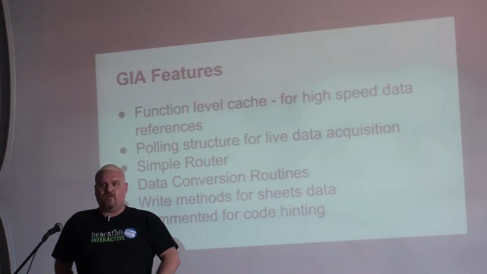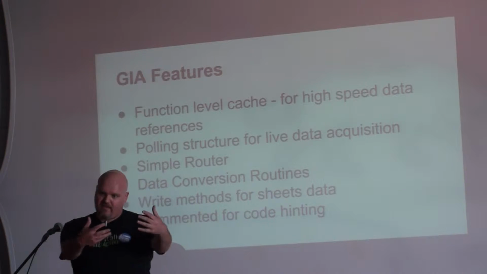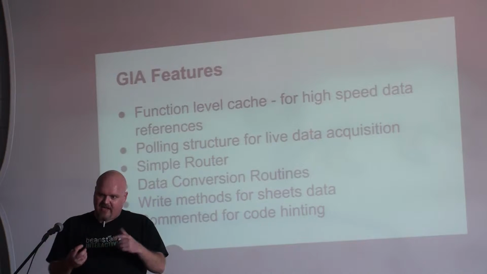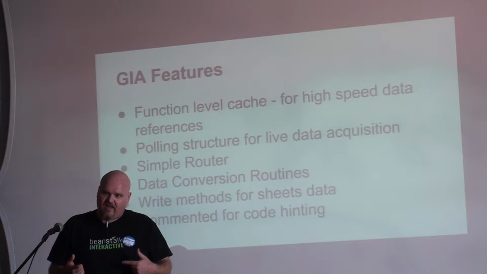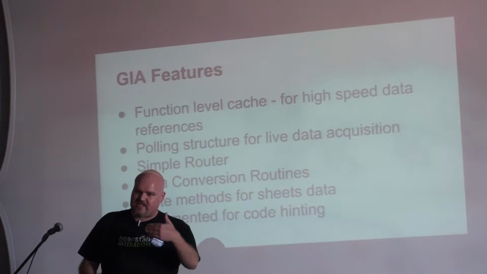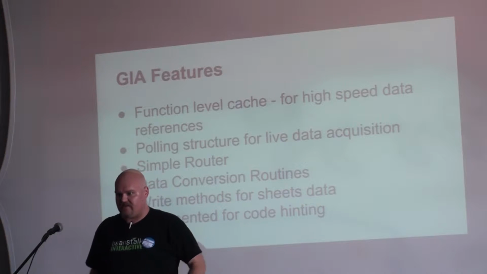So GF features a function level cache. When you access data in a system, that data takes a moment to be pulled, and that function then has the information in it. But that's only for that call. In my system, I added a cache to the function, so successive calls of the function will return the same data that it gathered the first time.